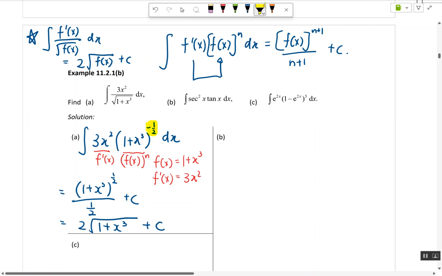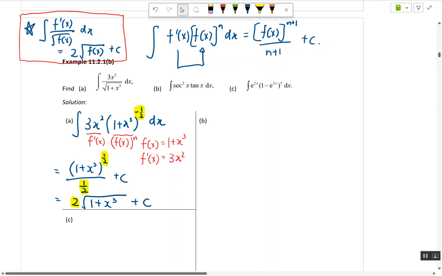When I integrate a power of negative half, I'm always going to get a power of half. And when I get a power of half, it will always divide by half. Divide by half means multiply by 2. So that's why a result of f prime x, f x to the power of n is this, f prime x over square root f x. Okay?